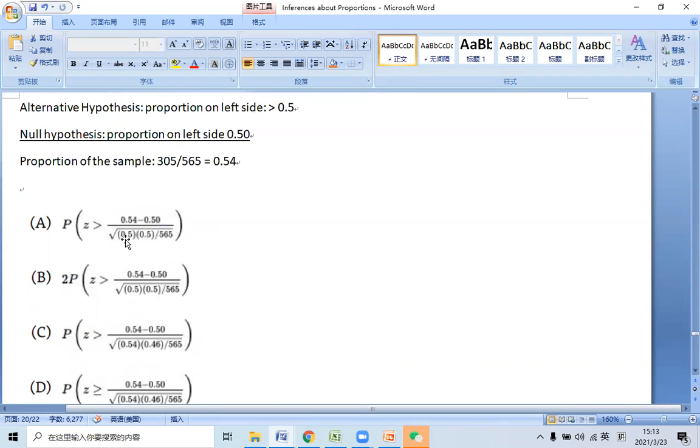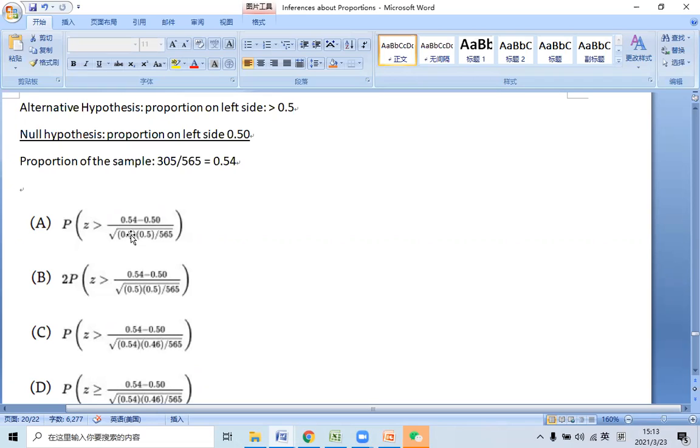Here, you have a P, that would be the proportion, one proportion, 0.5.